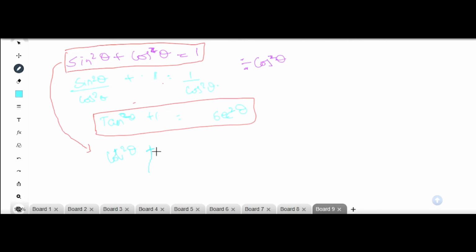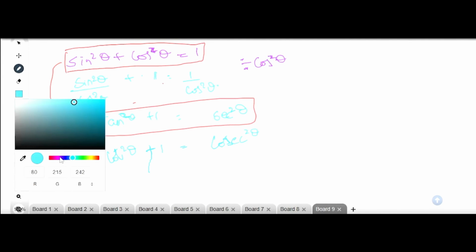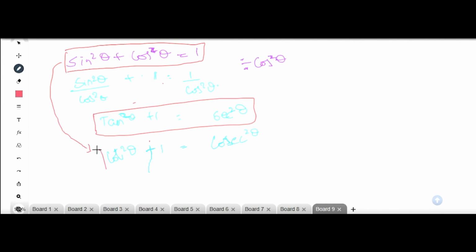Cotangent square theta plus 1 equals... 1 by sine square theta is cosecant, no? Yeah, that is cosecant square theta. Good? Okay, these are the three main equations.